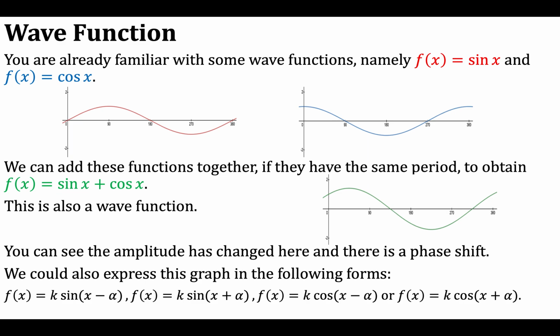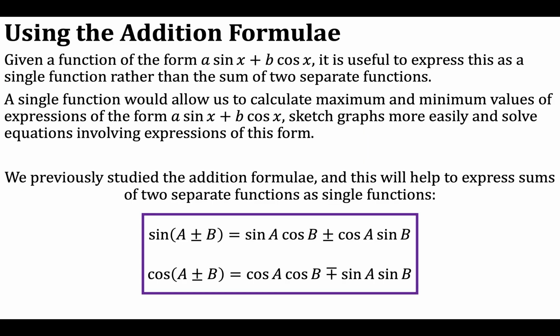Now, we have previously learned how to use our addition formulae to create two equations involving cos alpha and sin alpha, and we have then been able to solve these simultaneous equations for both k and alpha.